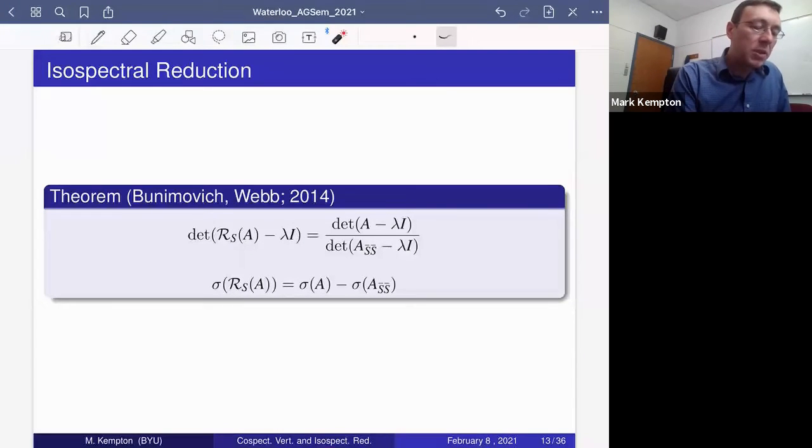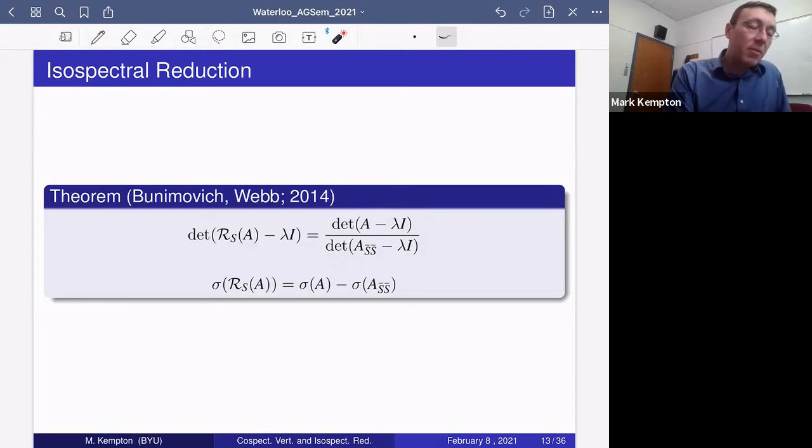Well, this is equal to the characteristic polynomial of the original matrix divided by the characteristic polynomial of the principal submatrix of A corresponding to the complement of the set that I'm reducing down to.